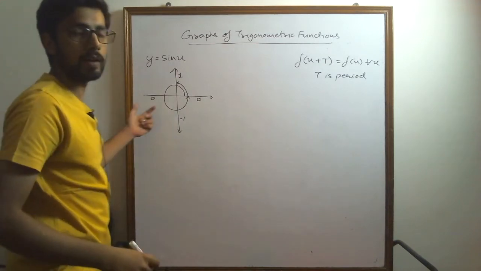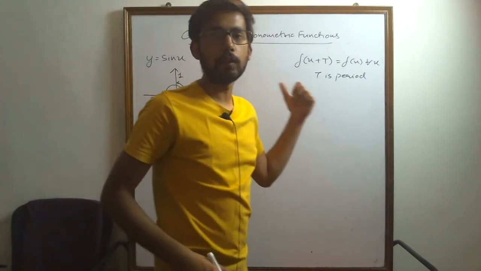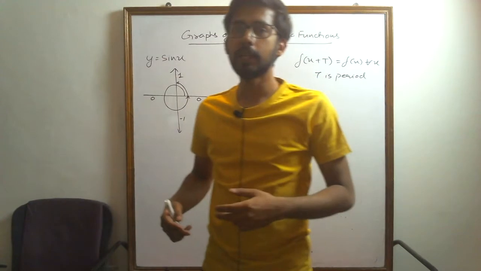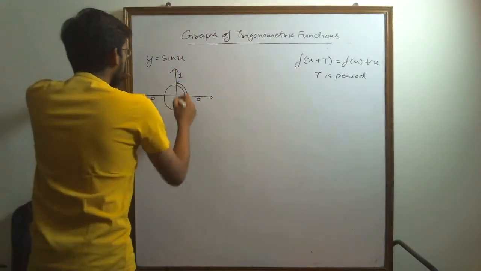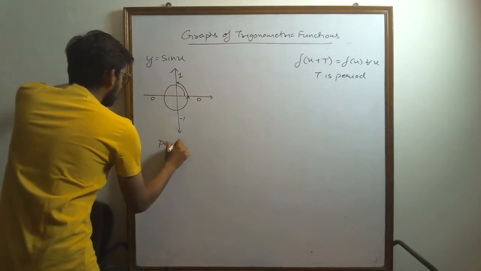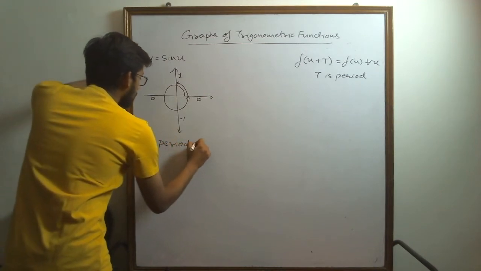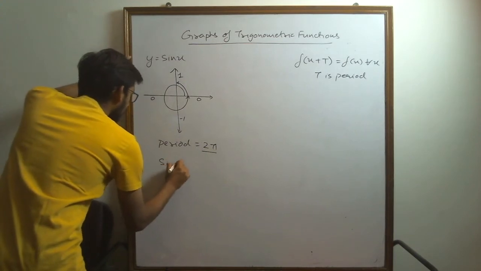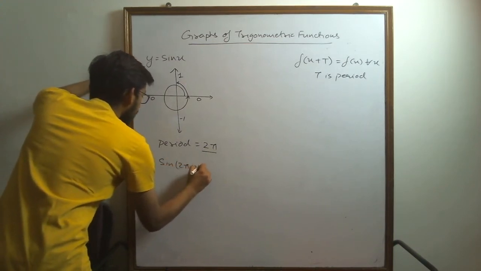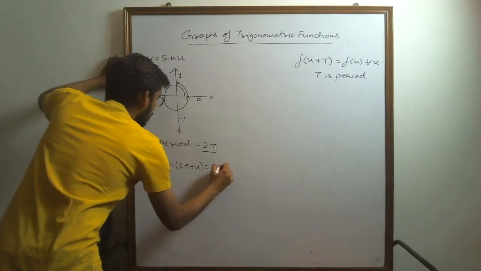So we see that after one revolution, the value of sin x is repeating again and again. So for sin x, the period is 2 pi. That means sin of (2 pi + x) is the same as the value of sin x.